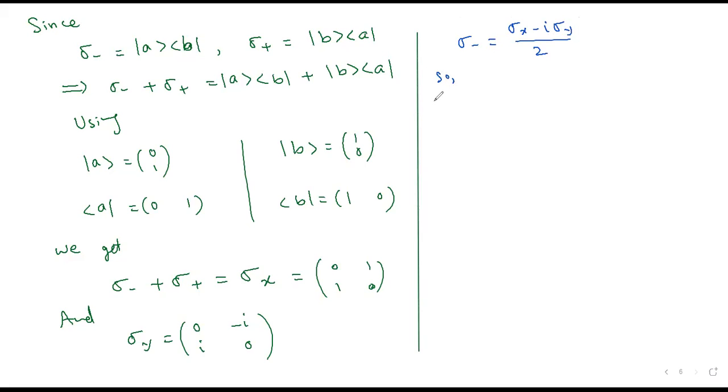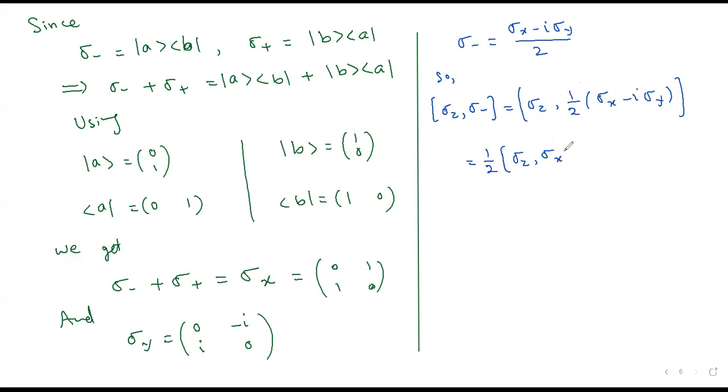So we have the following relations. We can easily compute them. Sigma z sigma minus will just be equal to sigma z times 1 by 2 sigma x minus iota sigma y, and this will be 1 by 2 sigma z sigma x minus iota by 2 sigma z sigma y, using the general commutation relation sigma i sigma j equals 2 iota epsilon ijk, the permutation symbol, sigma k.